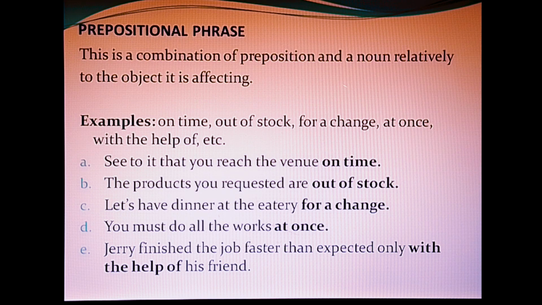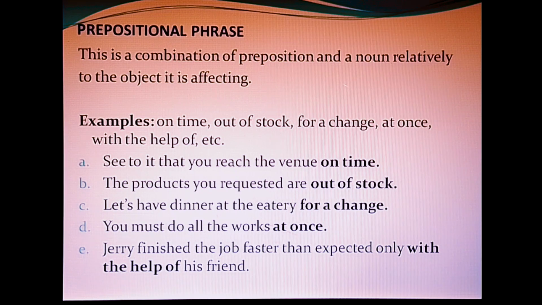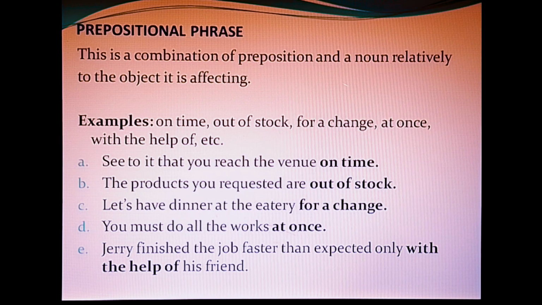The fifth example here is, Jerry finished the job faster than expected only with the help of his friend. With the help of. That is our prepositional phrase in this sentence. There are four words conjoined to give us that prepositional phrase, with the help of.